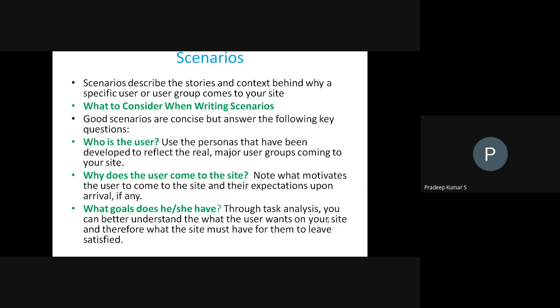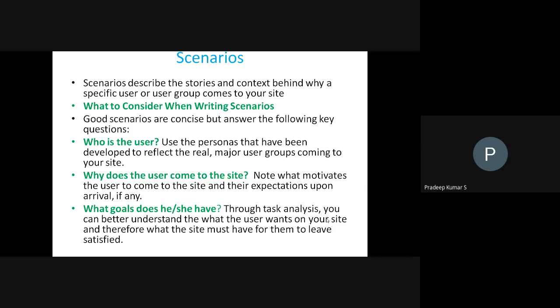Why does the user come to the site? Note the motivation of the user to come to the site and the expectation upon arrival. What goal does she have? Through task analysis, we can get a better understanding of what the user wants on your site, and therefore what the site must have for them to be satisfied.